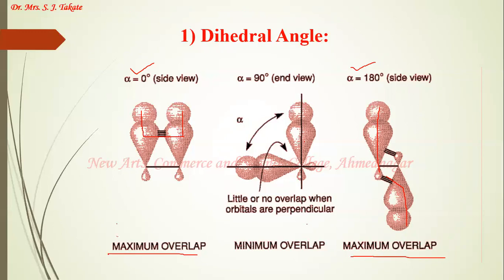That is, there will be no coupling interaction between the two hydrogens if the bonds are 90-degree or they are perpendicular to one another. So this means that the spin information transfer depends on the overlap. If the overlap is maximum, spin information can be effectively transferred, that is coupling constant value will be higher. And if there is no overlap, coupling constant value will be lower or no coupling at all, as in case of 90-degree. No coupling is observed.